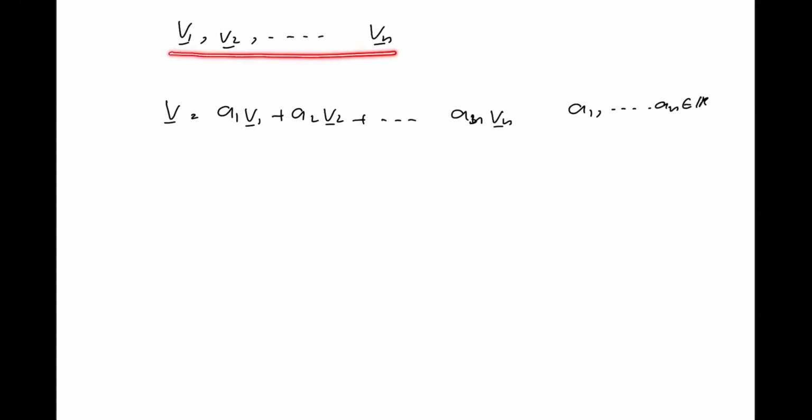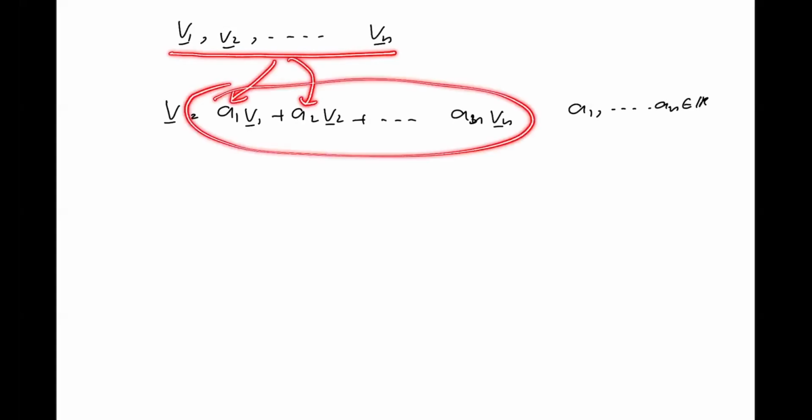Let's say I get some vector v equal to a1 v1 plus a2 v2 plus up to an vn. These a1 to an are real numbers. If you take some set of vectors and multiply them with some scalar quantities and then add them up, this type of thing you can call a linear combination.